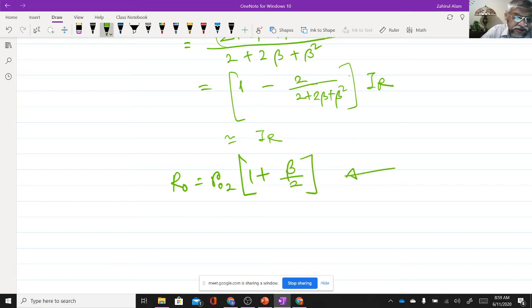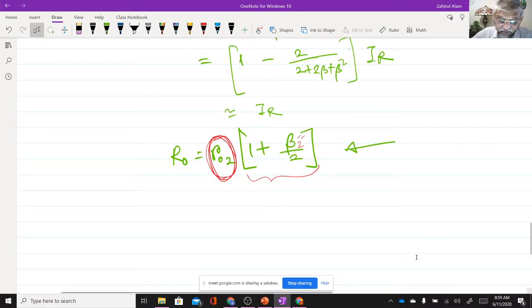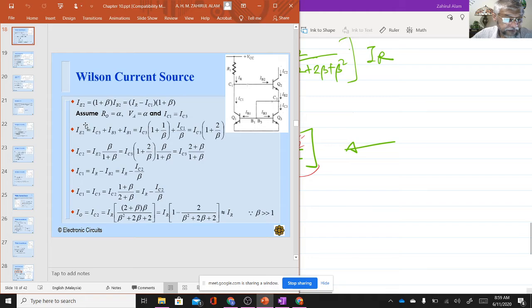So now it shows that in the previous two diagrams the output resistance is R02. Now this is increased by a factor of 1 plus beta, where this beta is of the second transistor. So now let us see one example for this case.